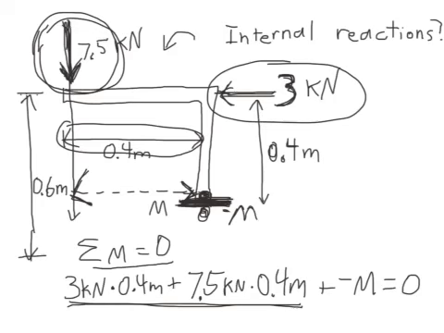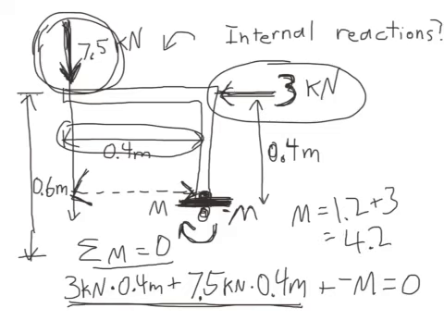So we know that it's going to be trying to rotate the member that way, clockwise. And if we go ahead and solve this equation and do some math, let's see. 3 times 0.4 is 1.2. 7.5 times 0.4 is exactly 3. And we've found the value for the internal moment at point M.